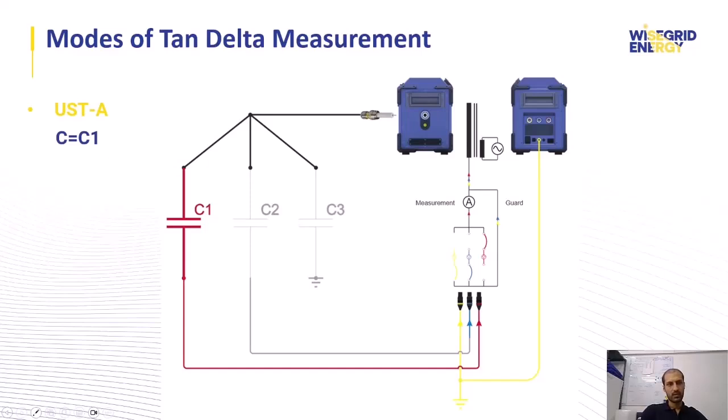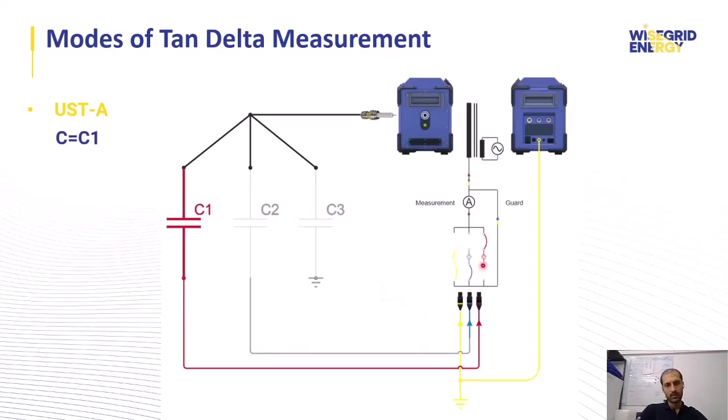So we have three capacitors which are connected to Kaplan 12. For example, Kaplan 12's high voltage terminal is connected to all of them. C1 is connected to input A, C2 is connected to input B, and C3 is ground.